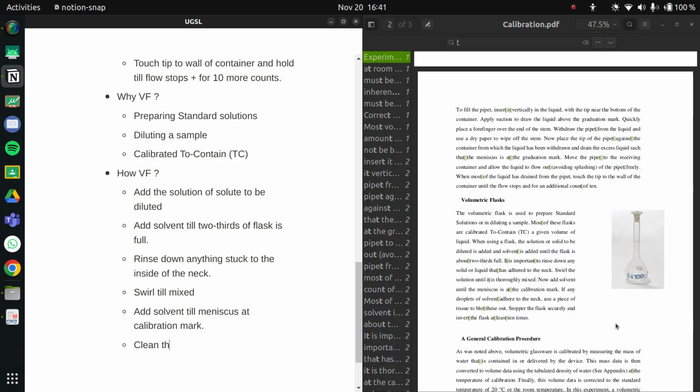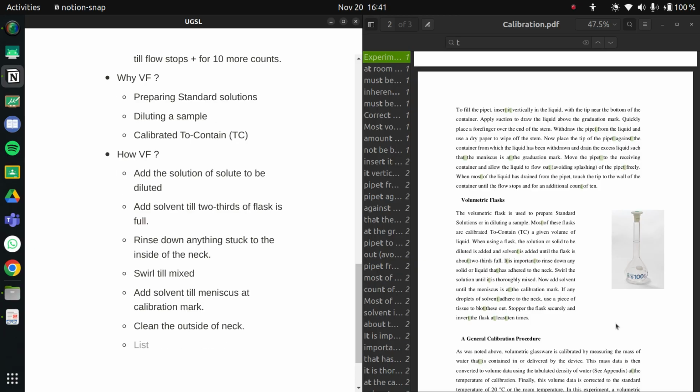Clean the outside of neck. So this time you're doing both, with tissue. Cool. So it's not just called clean, it's actually called blot, since you're probably going to be using blot paper or whatever.